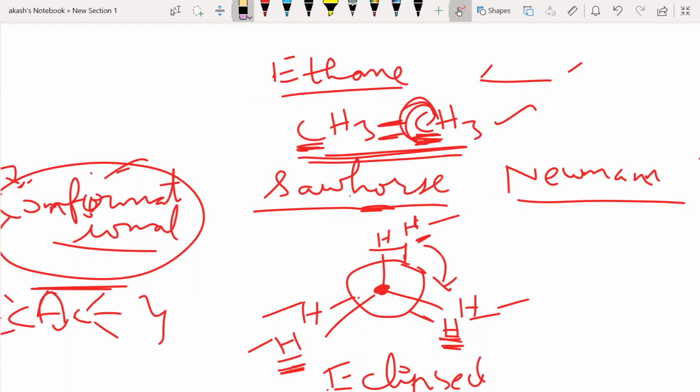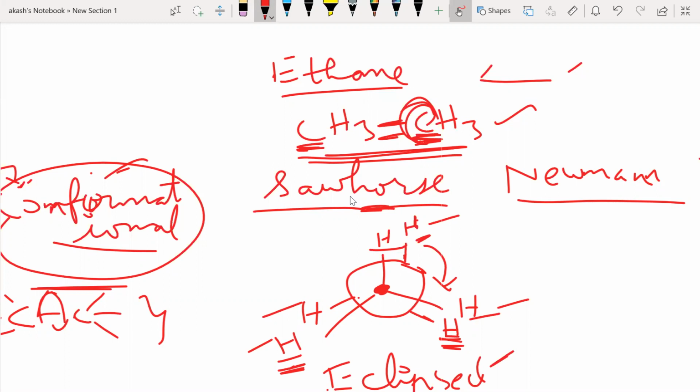So this eclipse is one extreme case. Now we'll see the other extreme case. In between these two you again have infinite possibilities, but we are going to look at only the extreme cases.